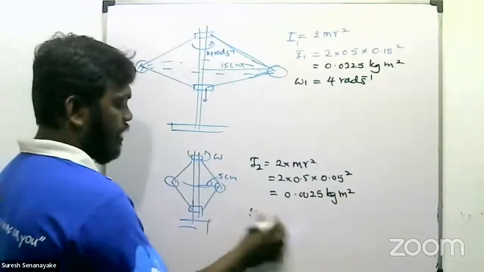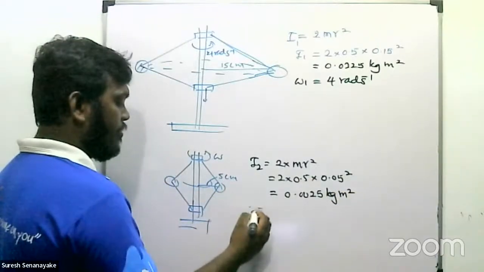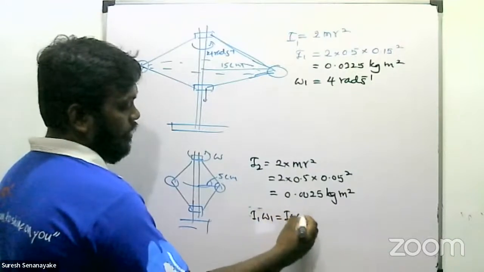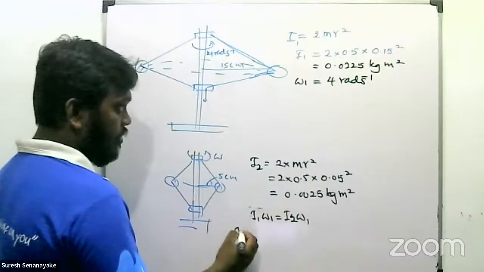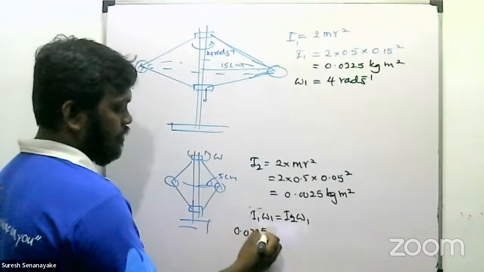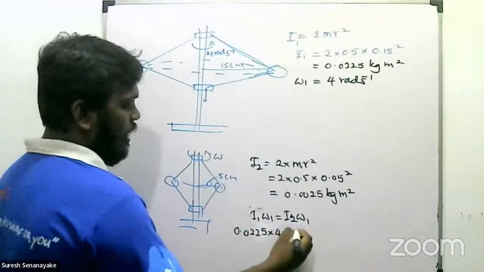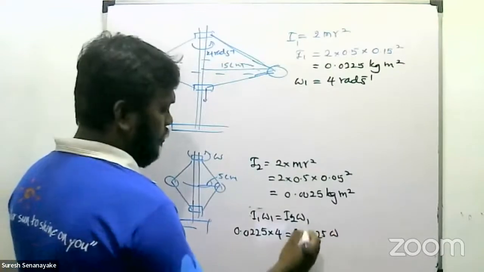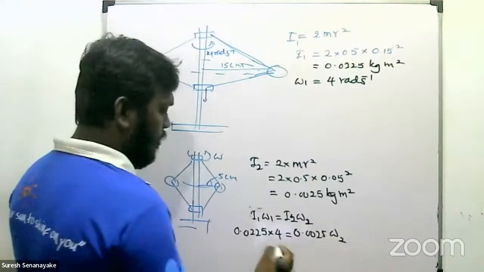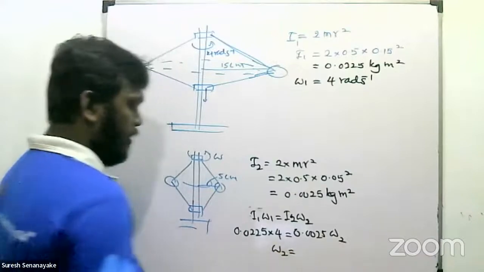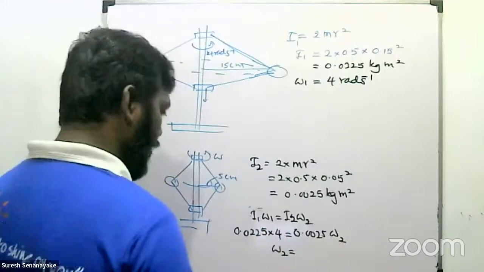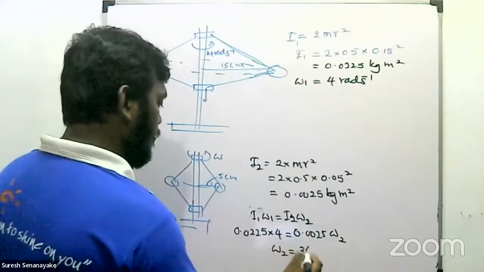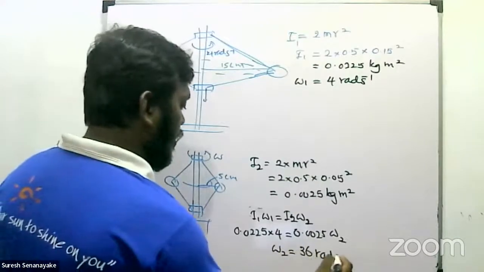Then omega 2 you can find using angular momentum conservation, I1 omega 1 equals I2 omega 2. I1 is 0.0225, omega 1 is 4, and I2 is 0.0025, so omega 2 is 36 radians per second.